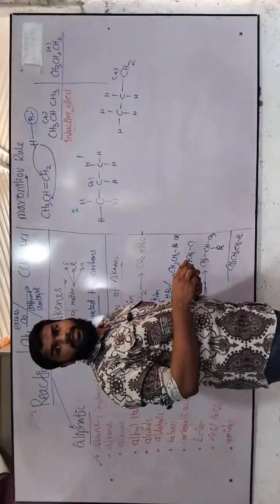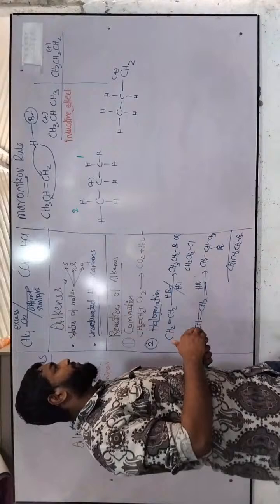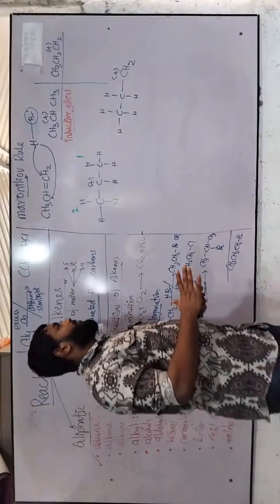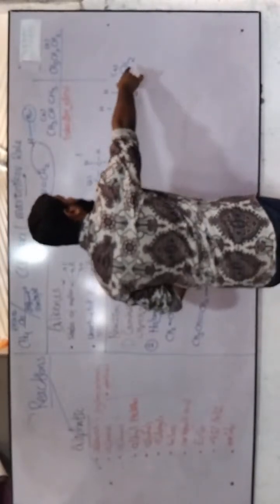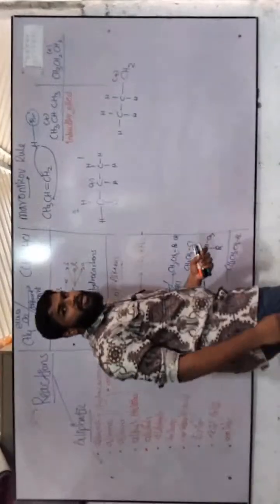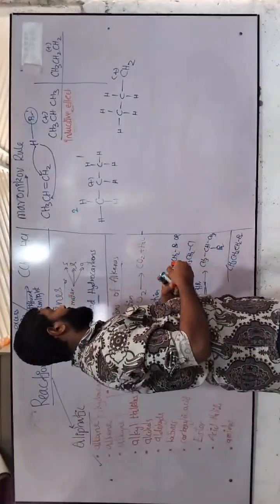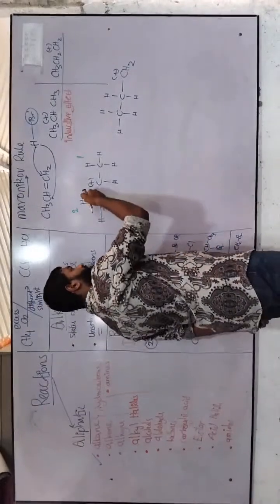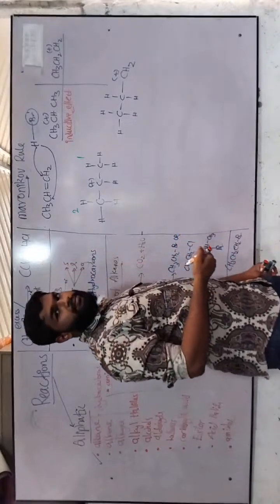Be careful and listen to what I am explaining. See here. Now in this part, here you have a plus charge, and here also you have a plus charge. According to this plus charge, there is going to be some electronegativity difference between each of these atoms.